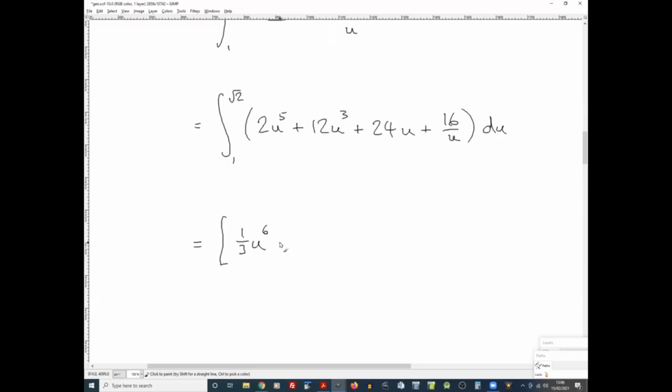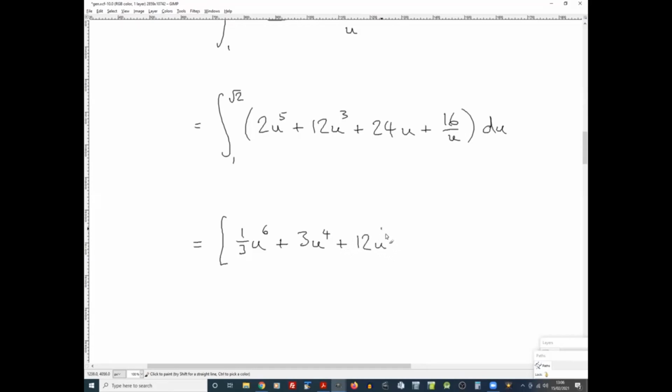A third u to the 6 plus u to the 4, 12 over 4 equals 3u to the 4. Good. Plus 12u squared.